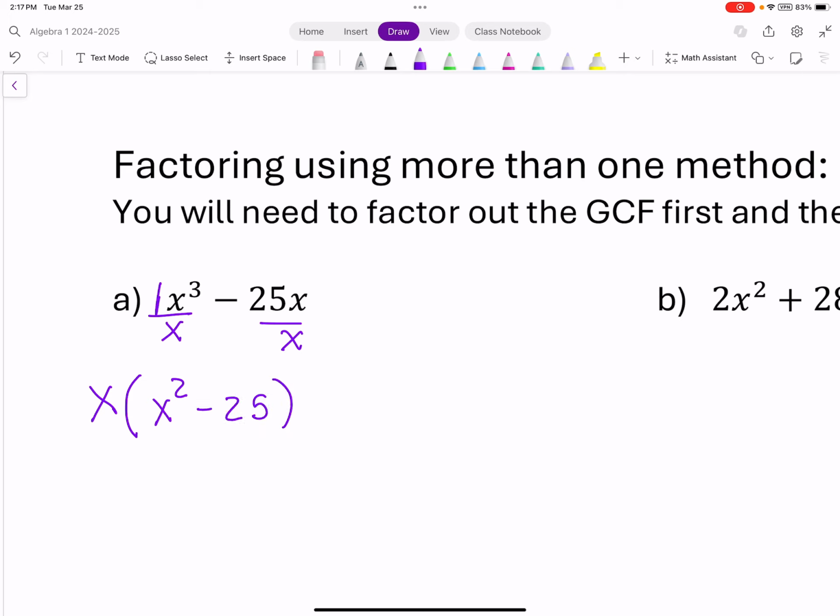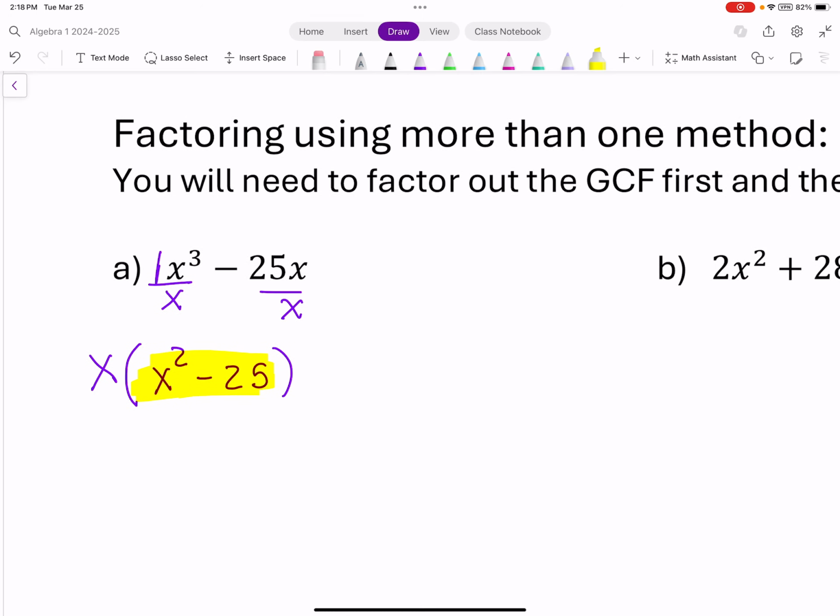What happens on these problems is you can break down what's left after you take the GCF out, just on the section that says more than one method. So here, this looks similar to the ones we were just doing where I could break these up. x times x is x squared. 5 times 5 is 25.